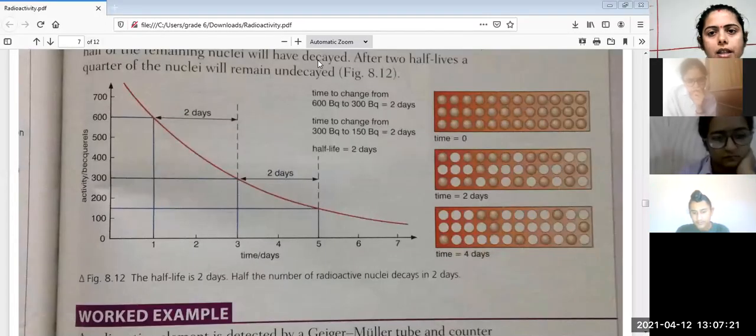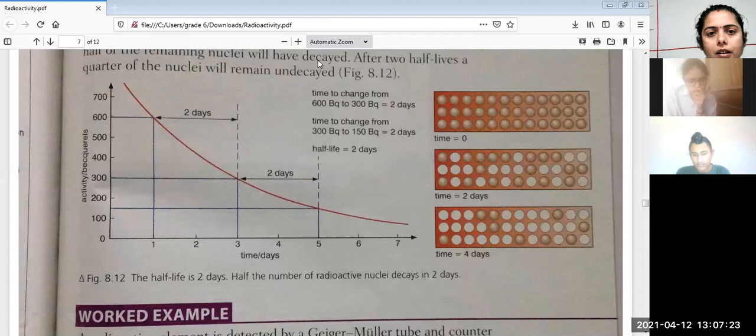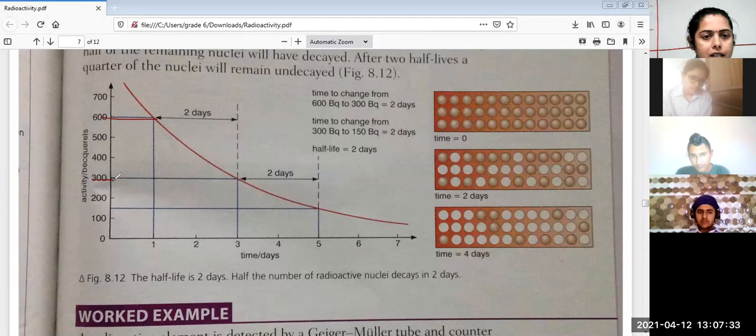Okay, so in this graph, if you see, first, when you have 600 becquerels, fine, it reaches its half, that is 300, after 2 days.